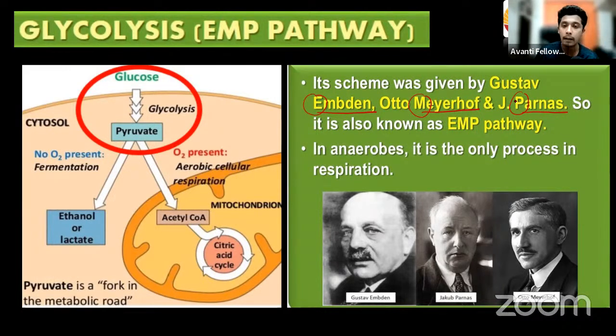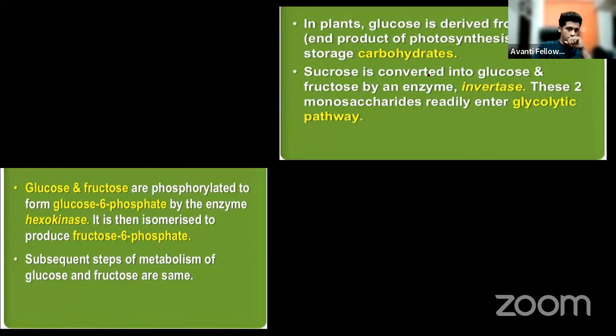At that point, the oxygen demand is very high, but your body is not able to give enough oxygen, correct? At that point, glycolysis also happens. But anaerobes don't have any alternate pathway to get energy. The only way they get energy is through the glycolysis process. Okay, so next one.